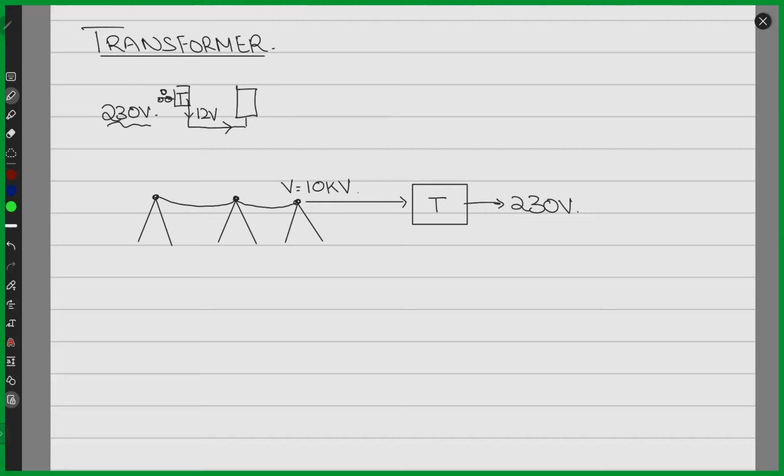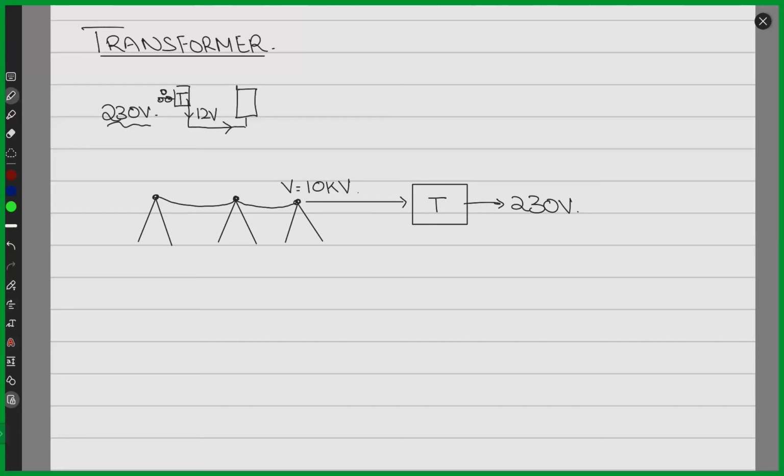Now, there are multiple reasons why this large potential difference is sent through these cables. The electricity has to travel a lot of distance, because the supply is sent from an electric company, and it has to supply the entire city, right?